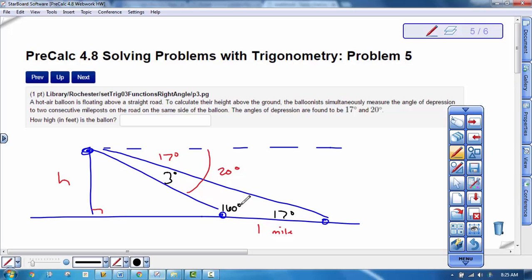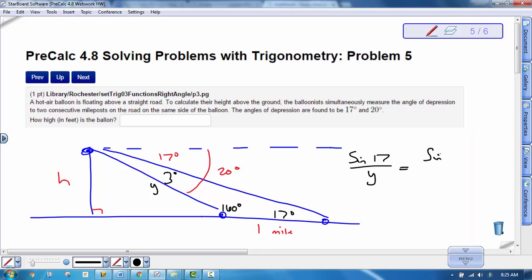And so you can use the law of sines, for example, again. I would do the sine of 17 over its opposite side, call this Y, equals the sine of the angle which is 3 over this side opposite that, which is 1 mile. So if you solve this proportion, you'll get this distance of this triangle in miles.